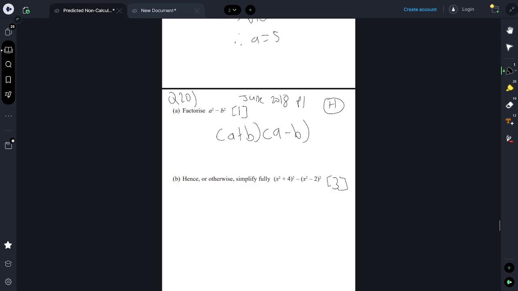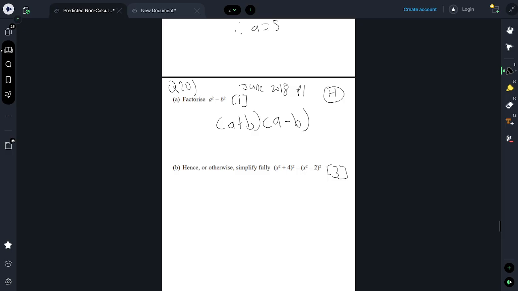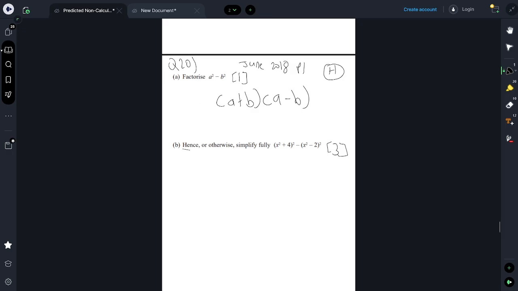And then it says part B, hence or otherwise simplify this. Hence, key exam tip, you need to use your other part of the question. You need to use this somehow. But actually, recognise it looks like this. Okay, it looks like a squared minus b squared. Let's make this direct.